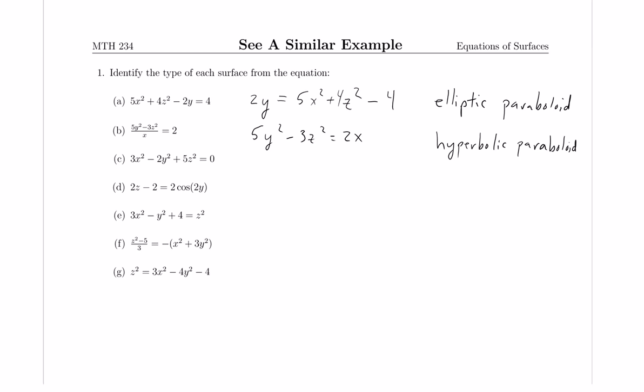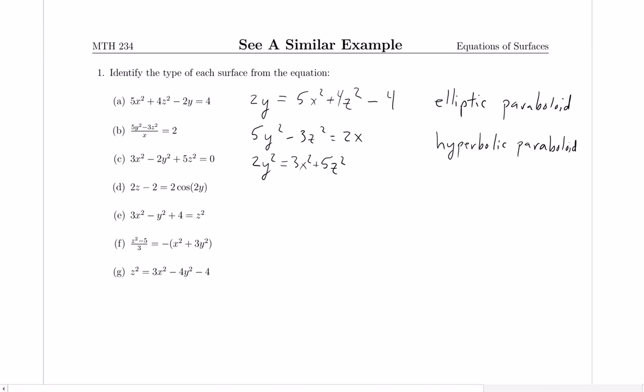Okay, on to part C. So here I'll actually use my rule of thumb that I said at the beginning. Let's try to just move things around so that there's no minus signs. So move the 2y squared to the other side. And here we should be able to recognize what this is.